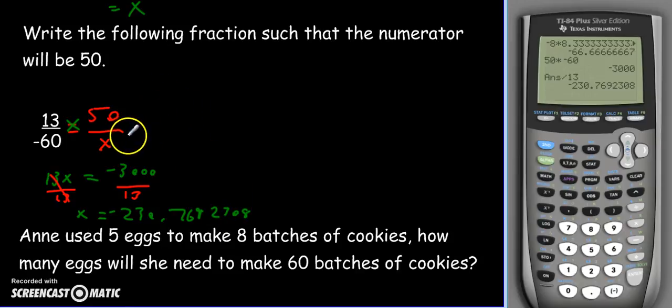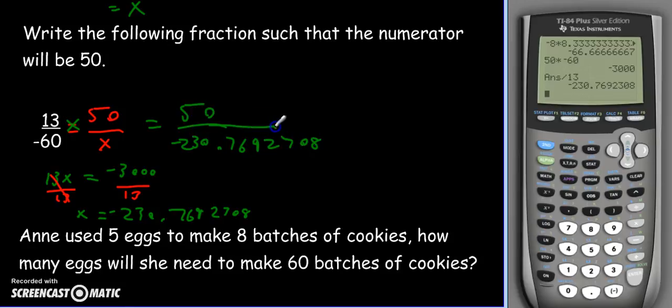All right, so that's really what this denominator should be. So this is really 50 over negative 230.7692708, approximately. All right, so that would be the denominator that this would have, such that this numerator was 50.